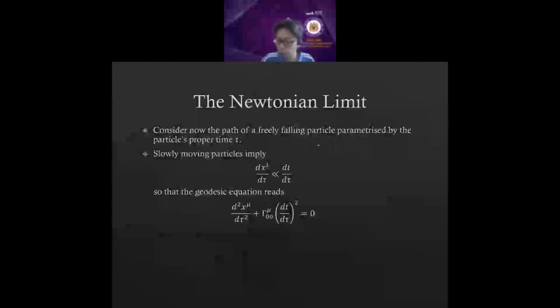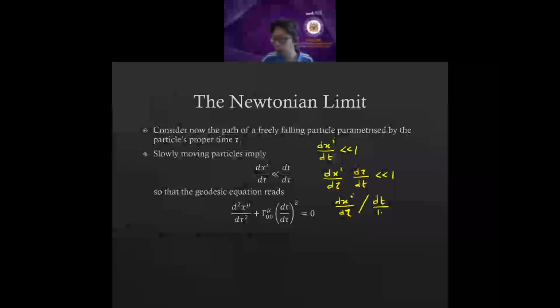Slowly moving, just now I said that this means that this has this, right? Then in a case of notation, this is equal to dx^i by d tau by dt by d tau. And this is equal to dx^i over dt times dt over d tau.